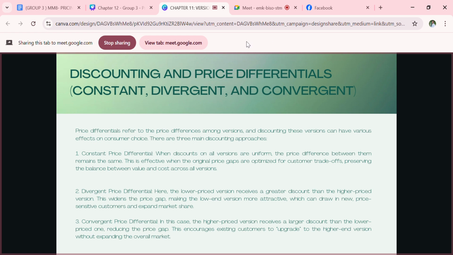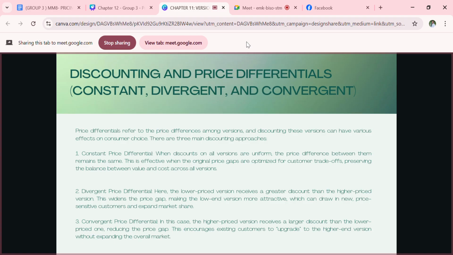This approach attracts price sensitive customers who may not have considered the product otherwise. However, it could also pull customers away from the higher price versions. A basic model of a laptop, for example, is discounted by 30%, while the premium model is only discounted by 10%. New customers looking for affordability may now choose the basic version, even if they initially considered the premium one.